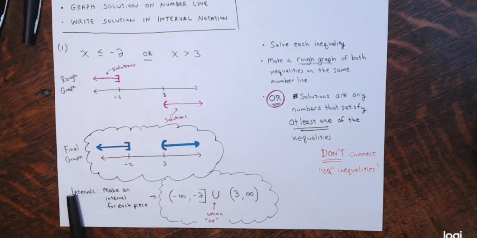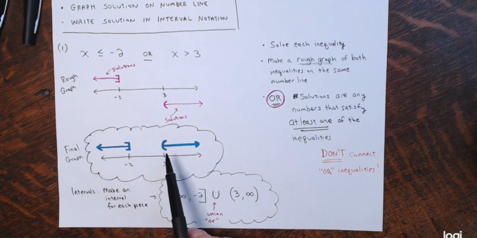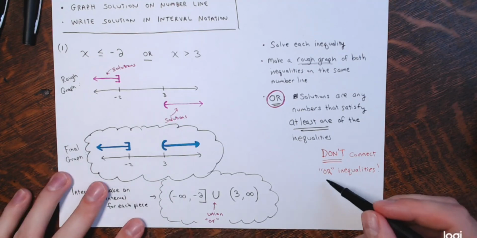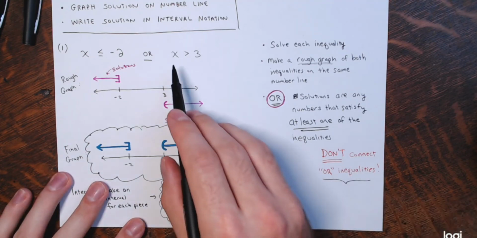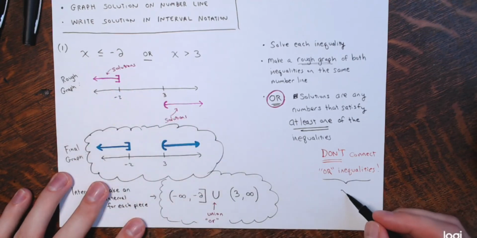If you saw my video on the and inequalities, you saw that the only scenario in which you can make a connected inequality is when there are solutions between two numbers. Here the solutions aren't between negative 2 and 3. But you see, people might want to try this. They're like, oh, I see the x in both of these, so I'll write x in the middle.